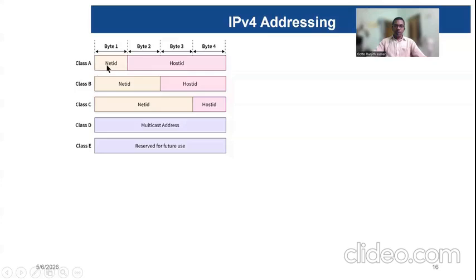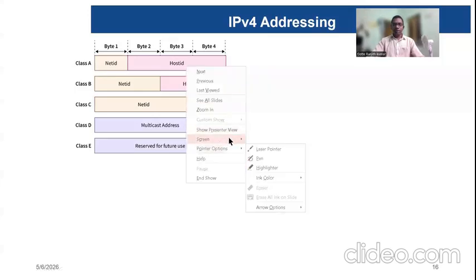Look at this class A address. In each class A, B, C, D, E, the IP address length is the same, that is 4 bytes. Each byte length is 8 bits, total 32 bits. In class A, the first byte represents the network address, and the remaining 3 bytes the host address.